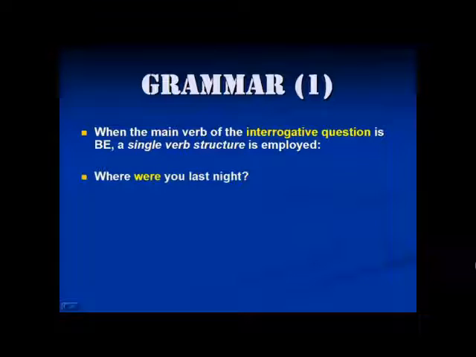For example, where were you last night? I was at the Hof. Who were you with?